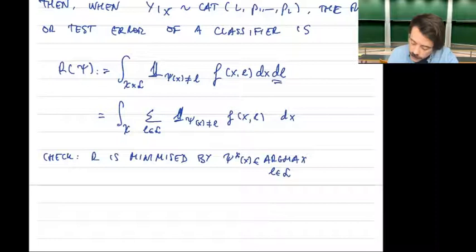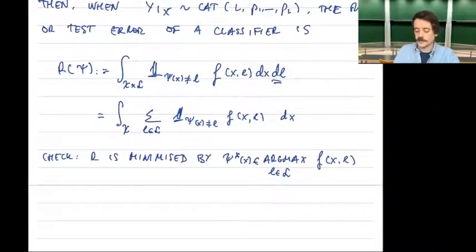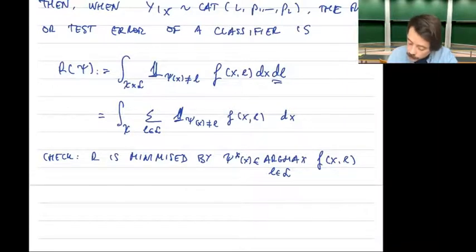And this guy is going to be the minimizer of the test error. Okay, and this is, of course, for any x in the calligraphic X.